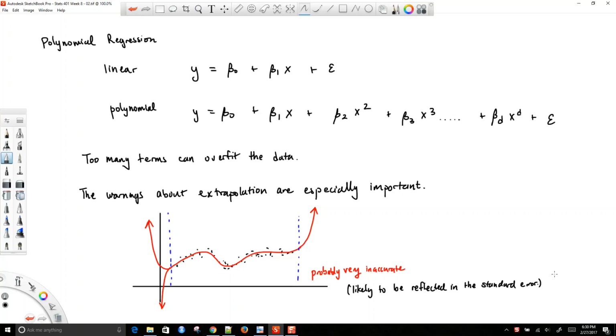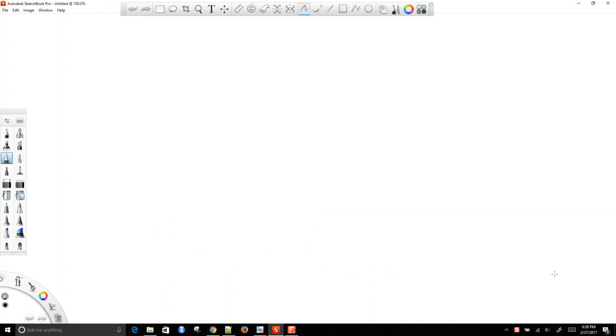Okay. So we have another way to fit data, and that is the step function.